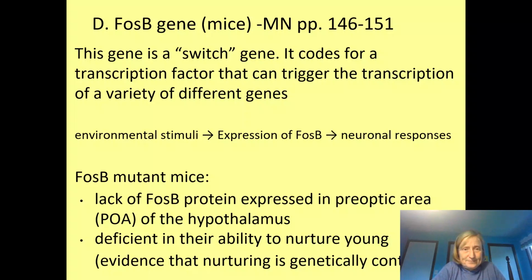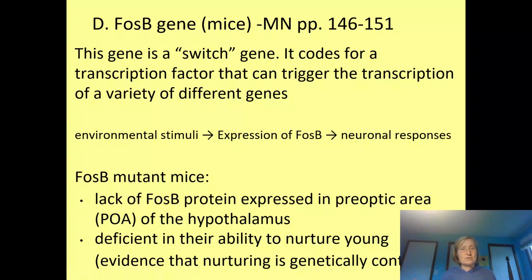These guys are trouble. They don't make any of this FOSB protein, in particular in their preoptic area of the hypothalamus. The hypothalamus is a part of the brain at the base of the brain, and there are different areas. The hypothalamus is a big regulator, right?